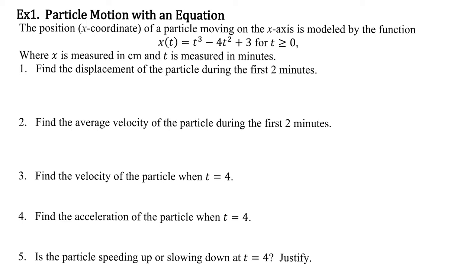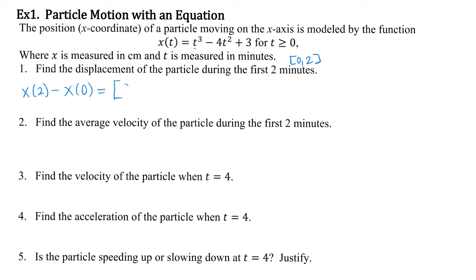Displacement is how did my position change? First 2 minutes, so this is from when I started to 2 minutes. My displacement is going to be x of 2 minus x of 0, because it's my ending position minus my initial position. Let me plug 2 into this function.